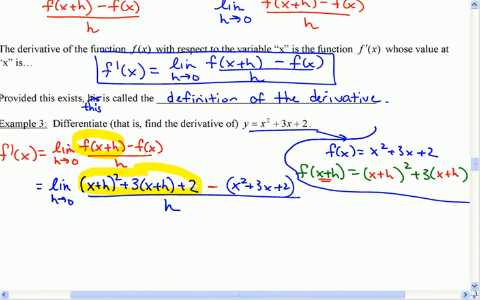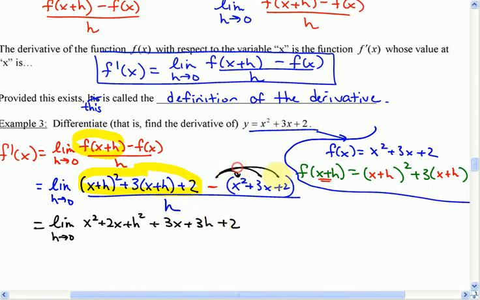Okay, time for you to do some algebra here. Go ahead, do some algebra, please. x squared plus 2xh plus h squared, 3x plus 3h plus 2.